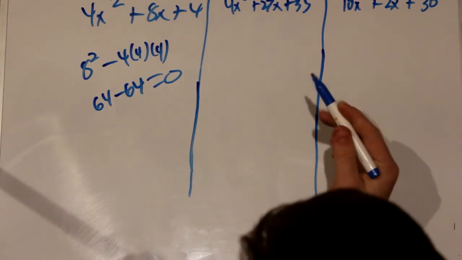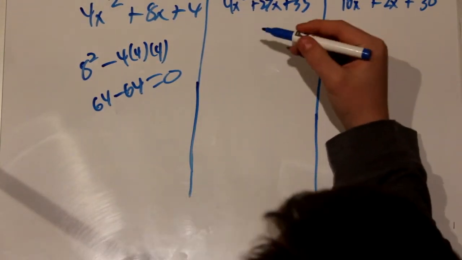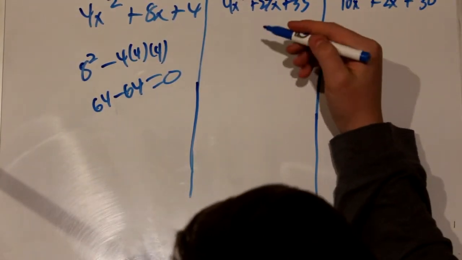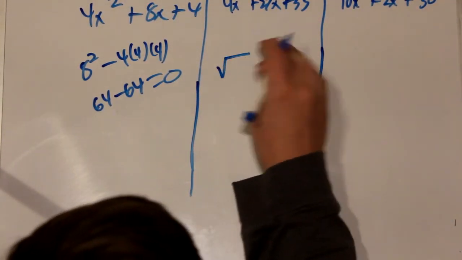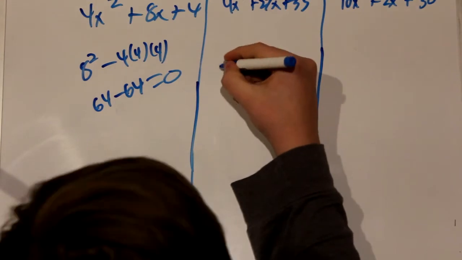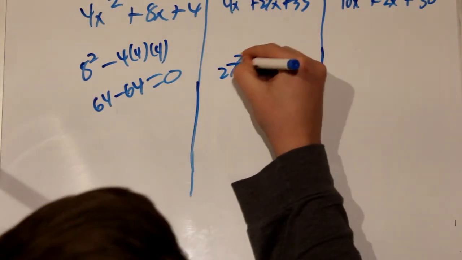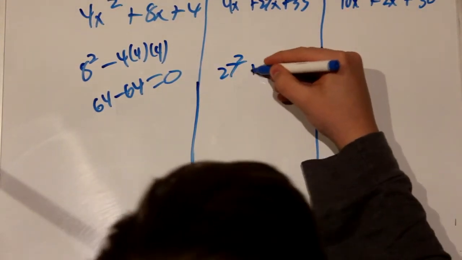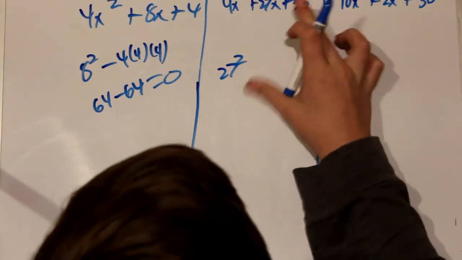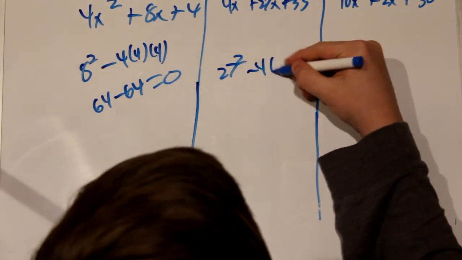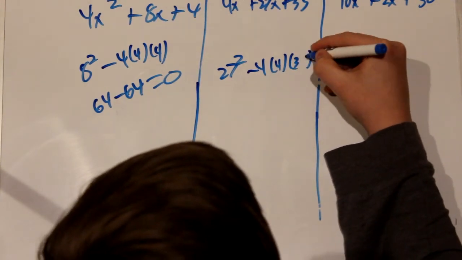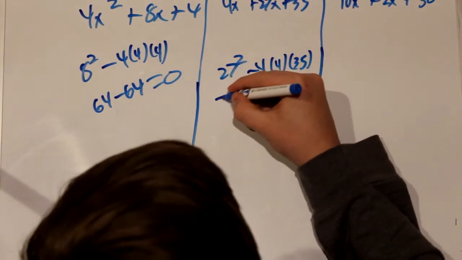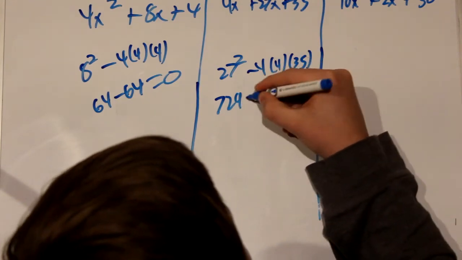Over here, we have my problem. We know from earlier in the video that my problem definitely has 2 solutions. If we plug in the discriminant, 27 squared minus 4 times 35. 27 squared is 729.